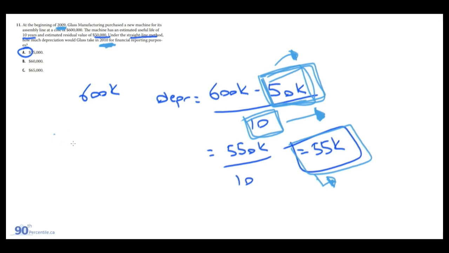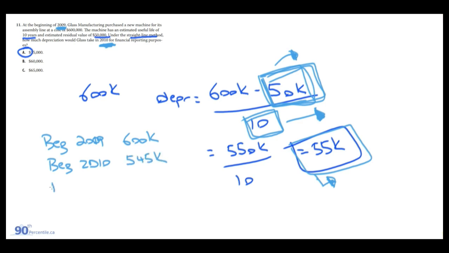Let's draw this a little bit better. At the beginning of 2009, the asset will be worth 600K on the balance sheet. At the beginning of 2010, which is the same as the end of 2009, it will be worth 600K minus the 55K, so 545K.